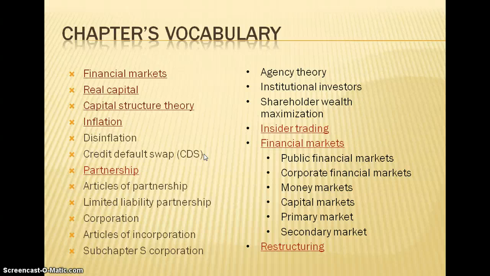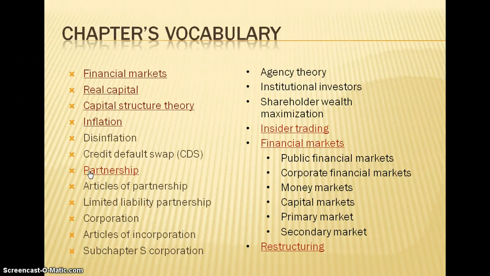So for instance, if a company were to buy some new factory equipment and they borrow money, and it's hundreds of millions of dollars worth of equipment, the lender might seek a credit default swap, meaning if the company can't use the equipment properly and produce enough income, this credit default swap may be based upon some other indices, some other securities outside of the company's control, which would trigger some type of payment to the lender. And that lender would actually pay some other entity for that type of insurance.